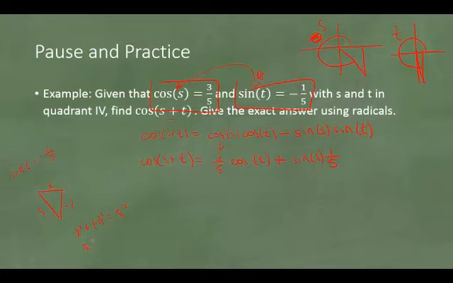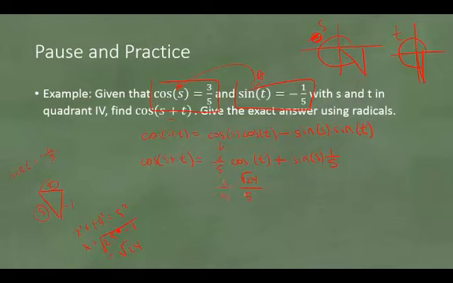Or x is equal to the square root of 5 squared minus 1, the square root of 24. That tells us that cosine of t is square root of 24 over the adjacent over the hypotenuse, 5.